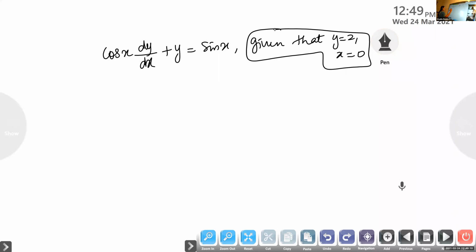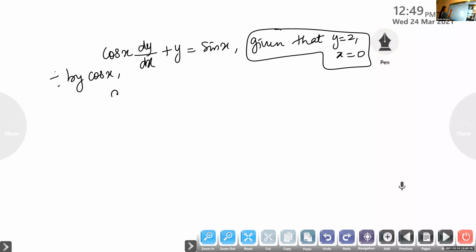Look here, cos x dy by dx plus y is equal to sin x. We have to write it in the form dy by dx plus py is equal to q, isn't it? For dy by dx, the derivative, its coefficient must be 1. So what can you do? Divide throughout by cos x.